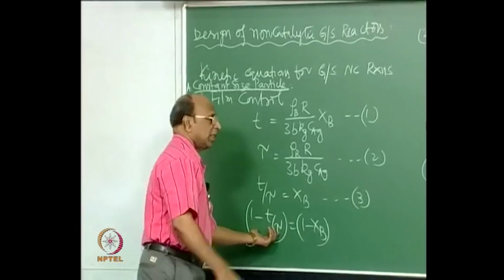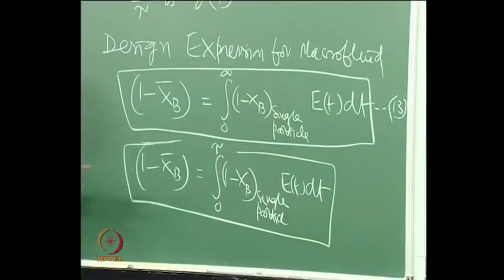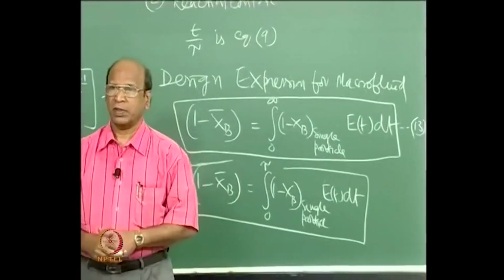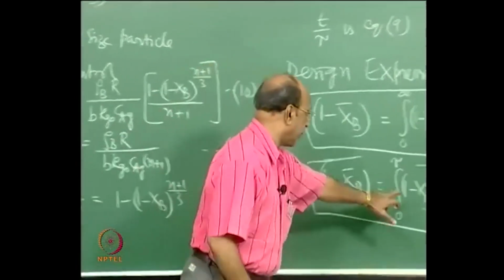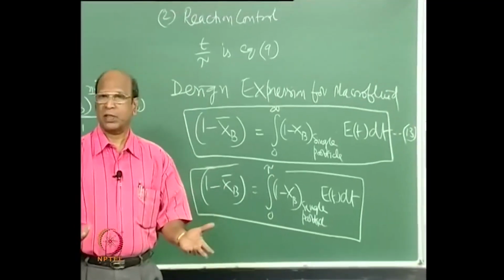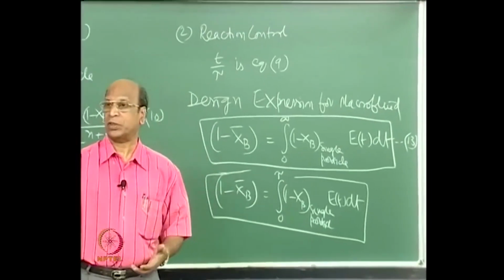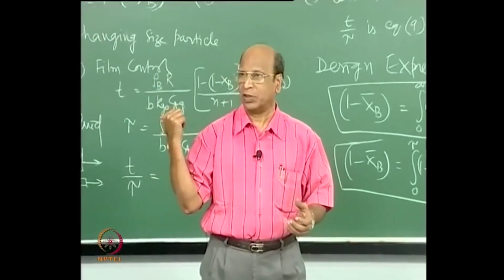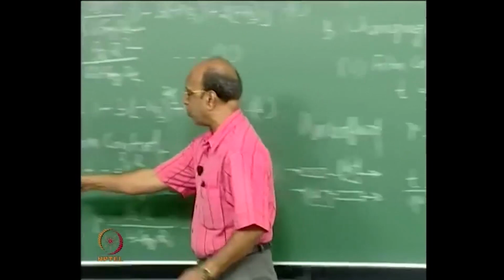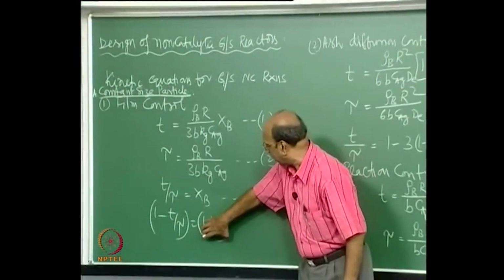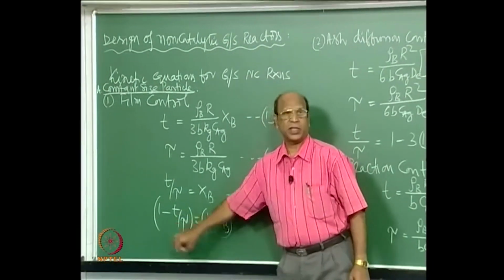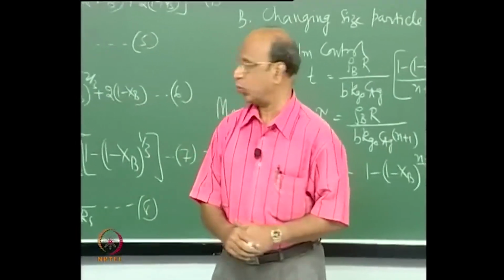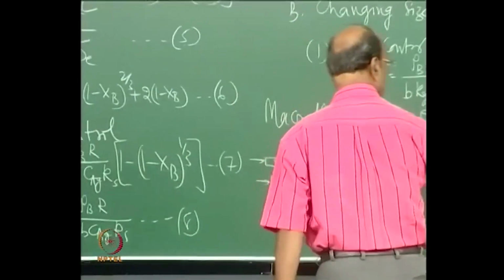See this equation, I do not know whether you have realized that or not, E t dt is in terms of time, and x b also has to be converted in terms of time. So, that is the relationship I have been telling you, you need the conversion time relationship from kinetic models. So, that is why this equation gives me that relationship, 1 minus x b now expressed in terms of time, tau is constant anyway, those things I know how to calculate. So, that equation you have to substitute here.